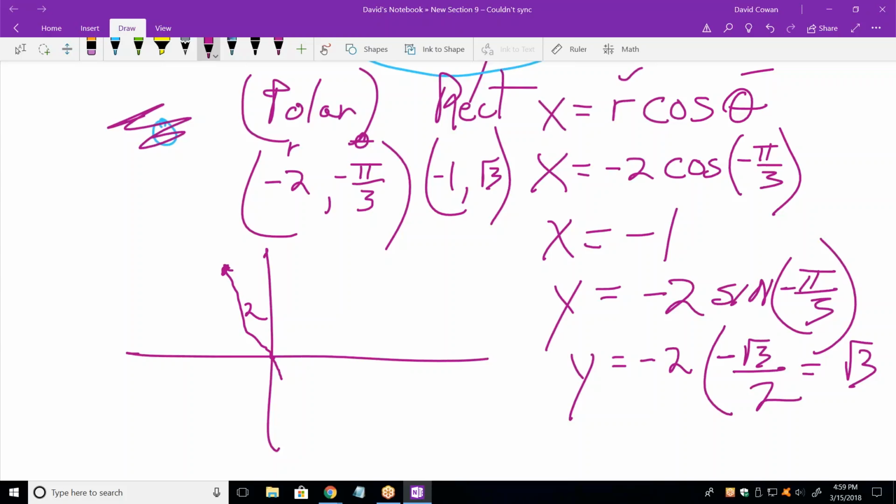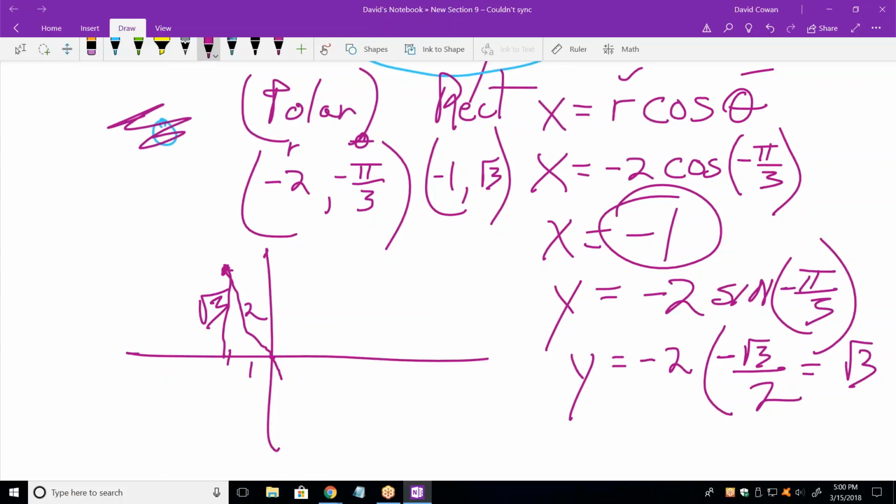Now, my x-coordinate was -1 and my y-coordinate was positive root 3, which certainly puts it in the 2nd quadrant. If that's a 1, and that's a square root of 3, that hypotenuse would be exactly 2. So that is indeed the correct answer.